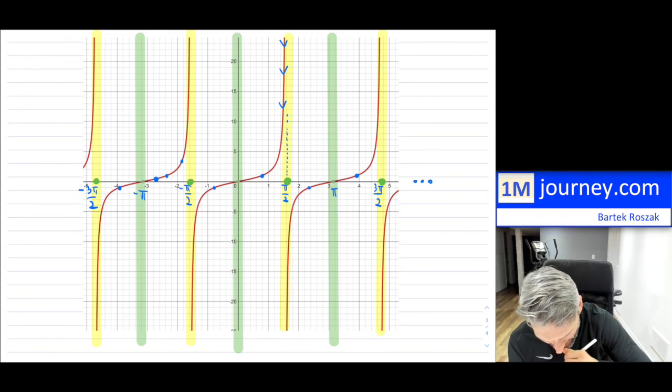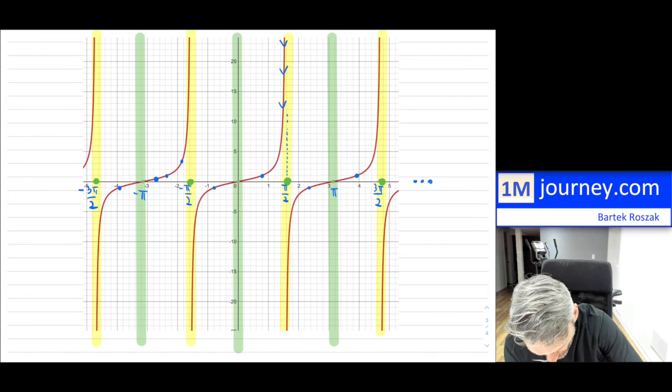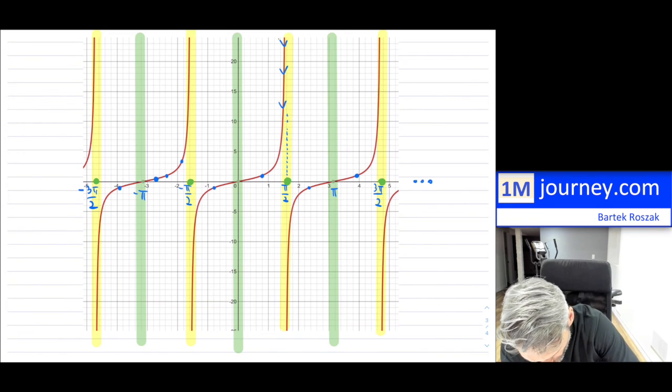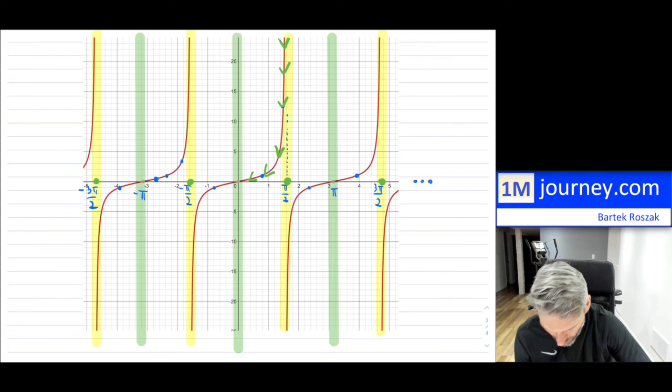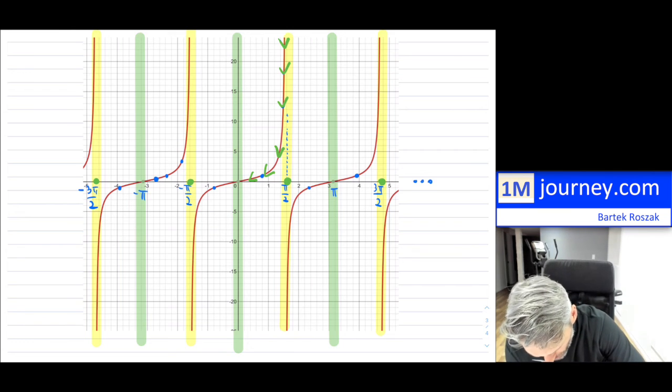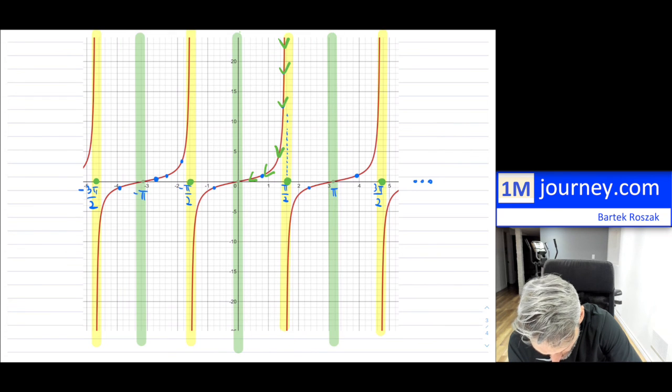And now, as I'm coming down along this path right here, we know that it's going to blow up. That's definitely true. As you get close to 0, these new blow-ups are going to cause this thing to go like this.